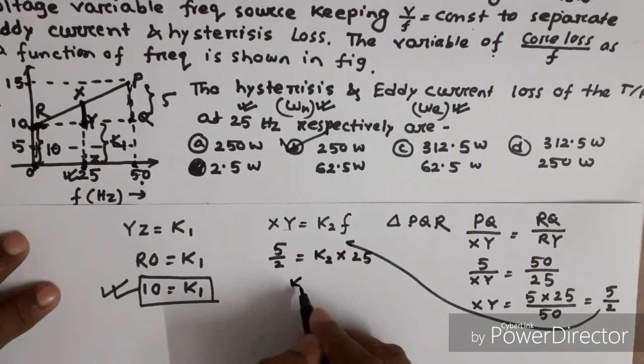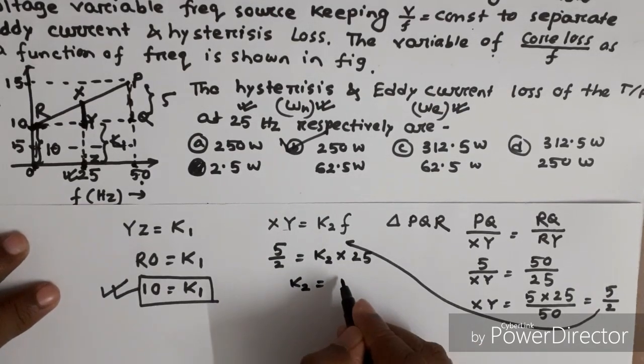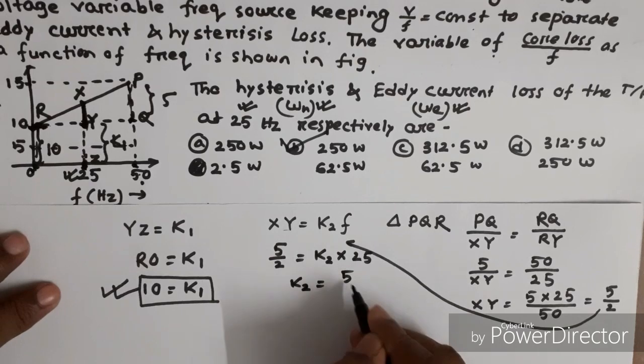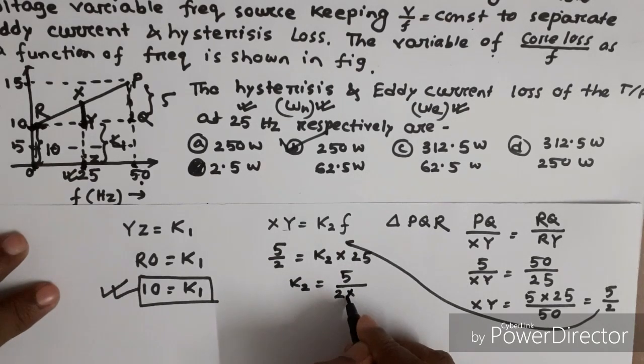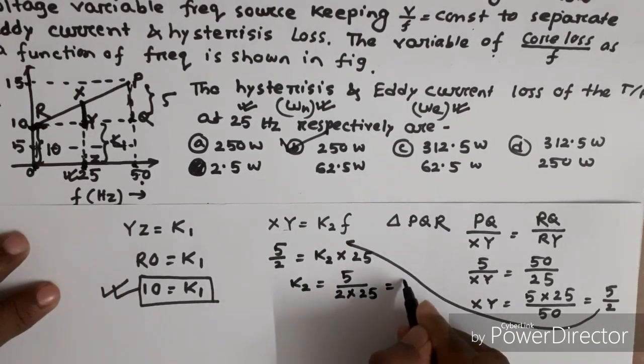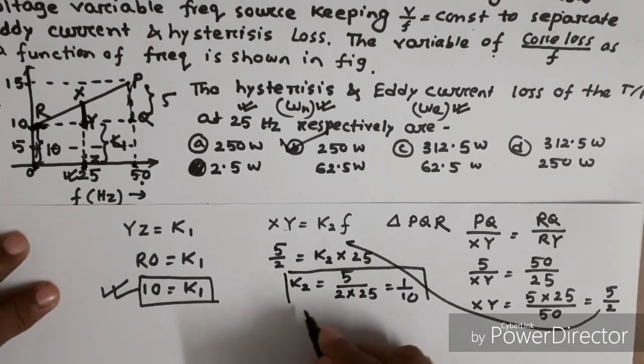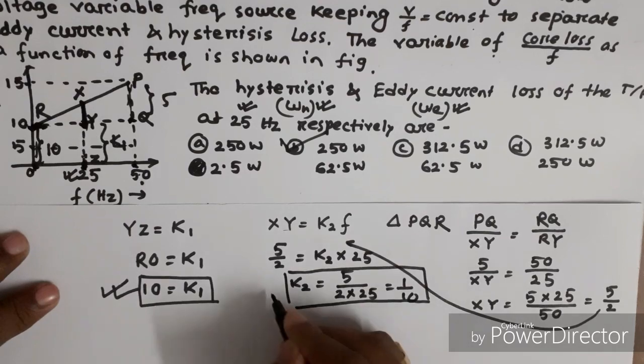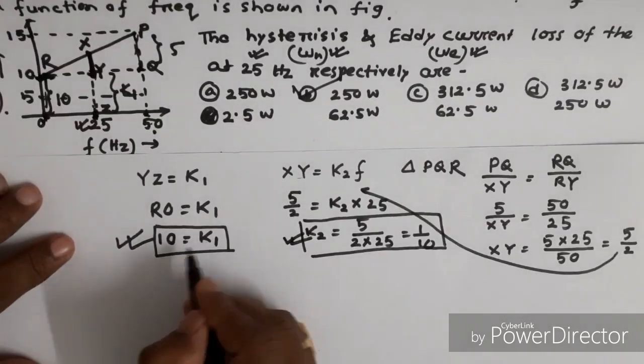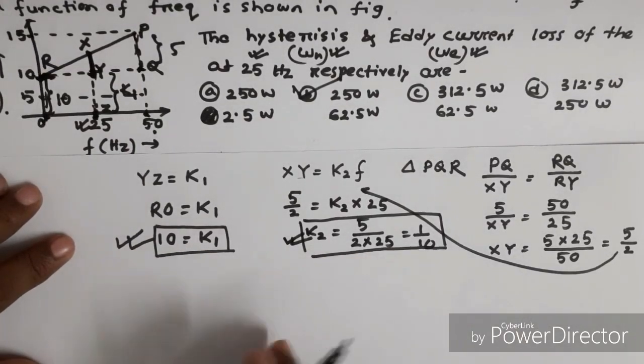What is the value of K2? K2 is 5 by 2 into 25, no, 5 by 2 divided by 25, that is equal to 1 by 10. I have determined K2 also. K1 is 10, K2 is 1 by 10.